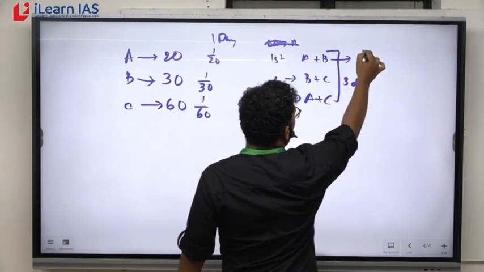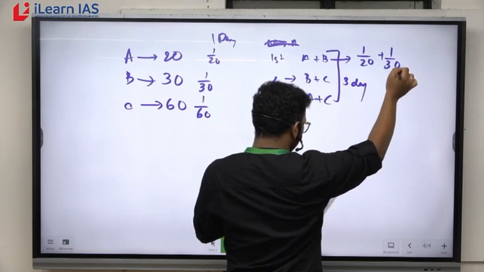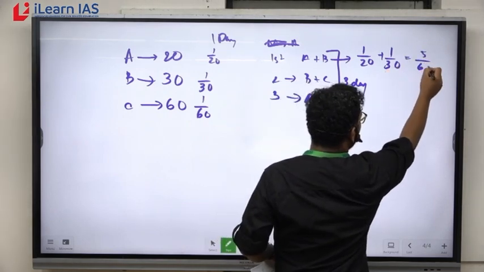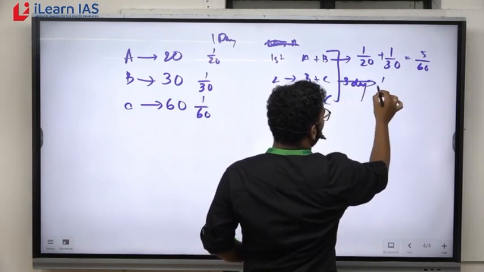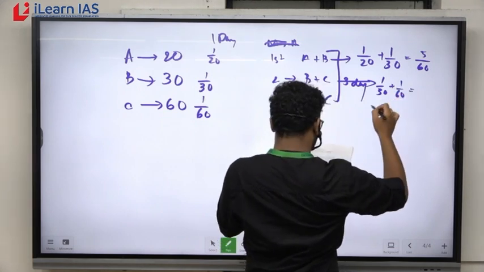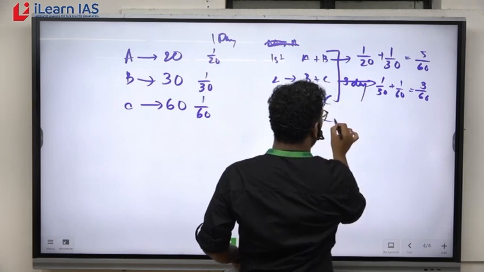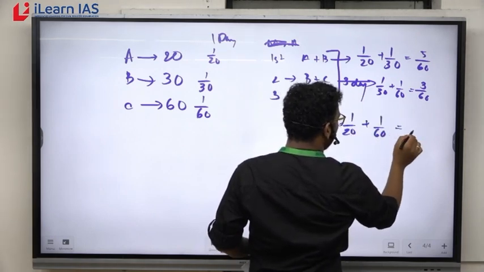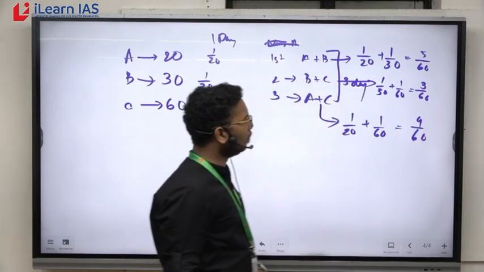A plus B, that is 1 by 20 plus 1 by 30, that is 5 by 60. B plus C, 1 by 30 plus 1 by 60, 3 by 60. A plus C, 1 by 20 plus 1 by 60, that equals 4 by 60.